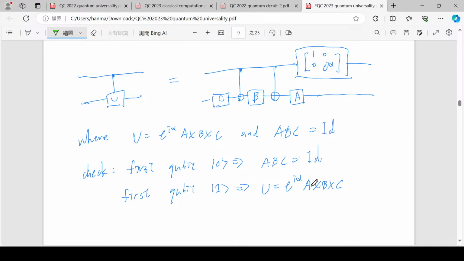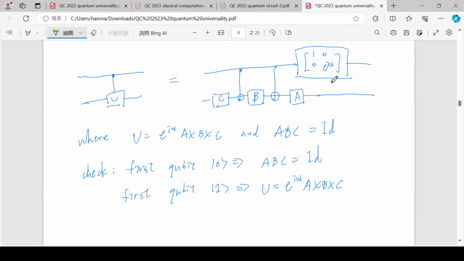Also something special is that this phase here is actually non-trivial, because you have a controlled phase, so this is not a global phase. This phase only happens when the first qubit is 1. So in terms of a controlled U, this is non-trivial, so you need to keep it in the decomposition, and it's represented in this extra Z rotation gate.